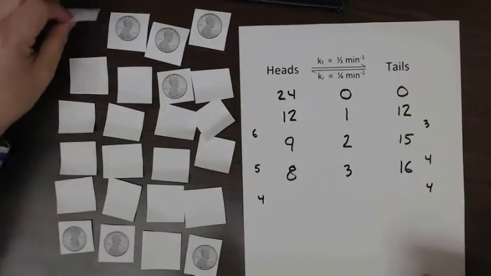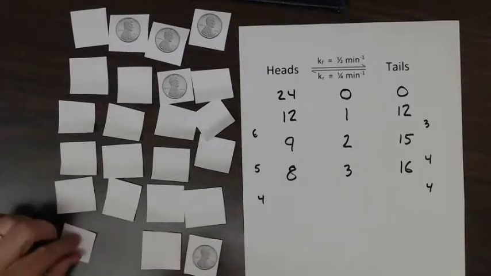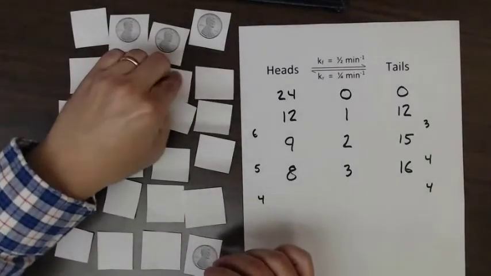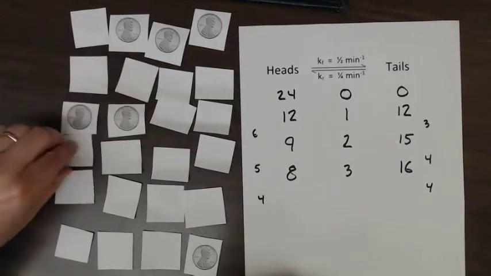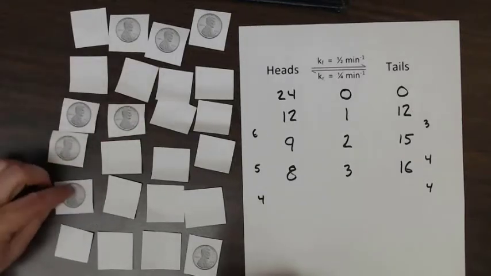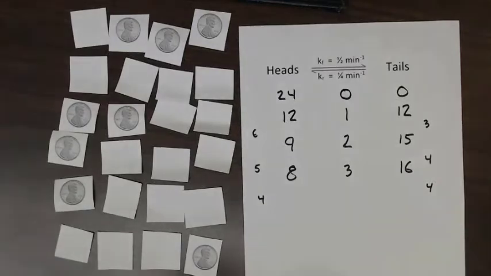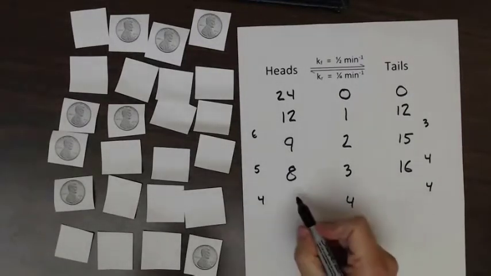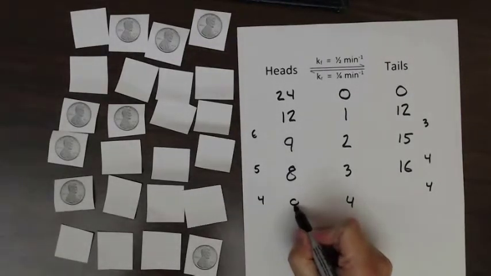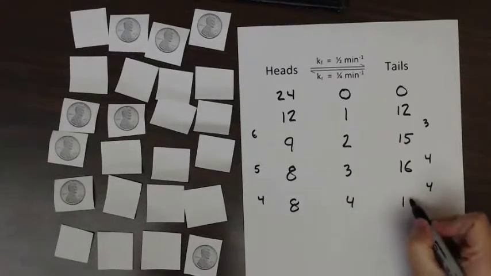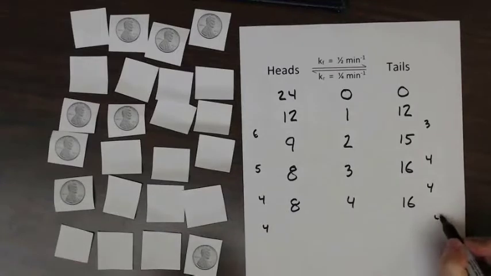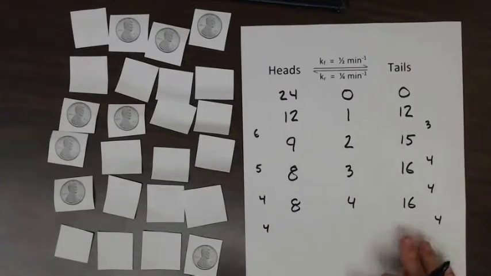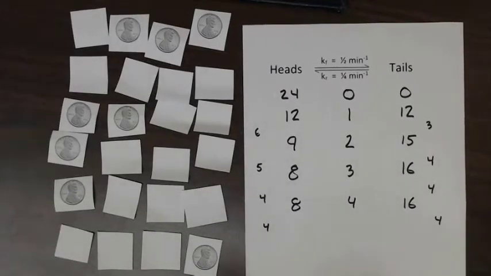So if we flip 4 heads, 1, 2, 3, 4, and we flip 4 tails, 1, 2, 3, 4, again after 4 minutes, I have a total of 8 heads and 16 tails. Next minute, 4 heads will flip, 4 tails will flip, I'll still have 8 and 16. So in this case, I've reached equilibrium.